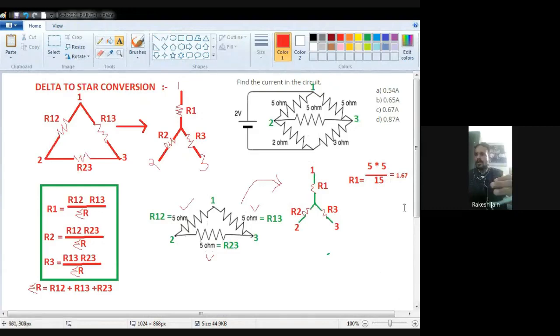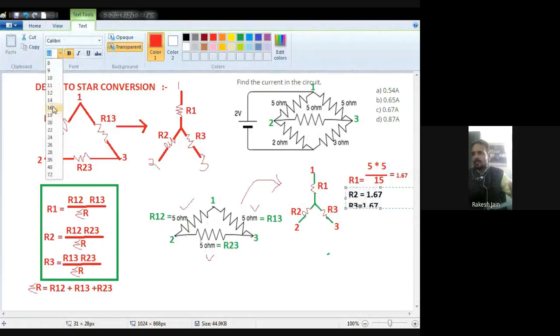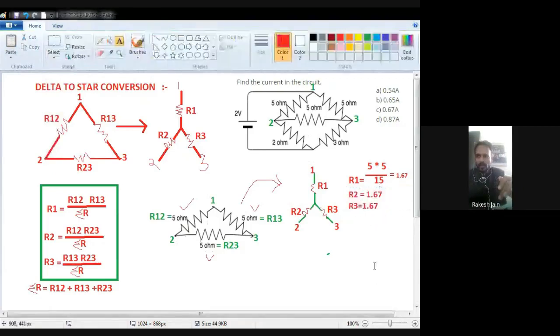This is a simple question which I take right now, that's why all these three resistances are 5 ohm. Otherwise, let's suppose you take the bottom 5 ohm, 2 ohm and 3 ohm, then R1, R2 and R3 values will be different, right? So I just take the above delta first, then after the completion of this we can choose the lower delta to solve this question.